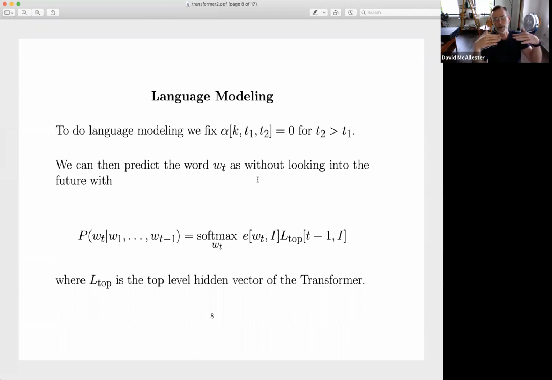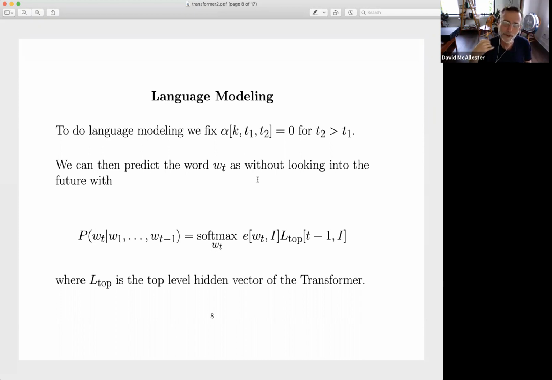the transformer is sort of looking at everything simultaneously. So if I've got a sequence of words and I want to train the transformer to compute a probability distribution over the next word, you should not be looking at the next word or any future words. You can't look into the future when you predict the probability of the next word.